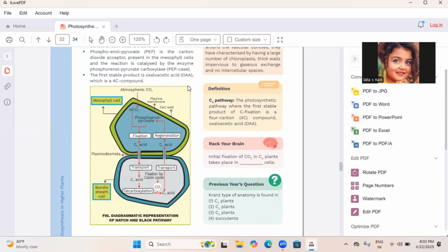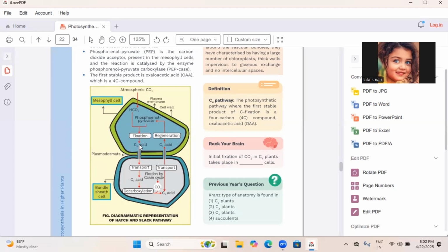Now this OAA is converted into malic acid and transported to the bundle sheath cell where it is decarboxylated into pyruvic acid. The CO2 liberated is used for the Calvin cycle in the bundle sheath cells. Pyruvic acid is transported back to mesophyll cells where it is used for regeneration of PEP, utilizing 2 molecules of ATP for each pyruvate. It is an adaptive mechanism to avoid photorespiration.